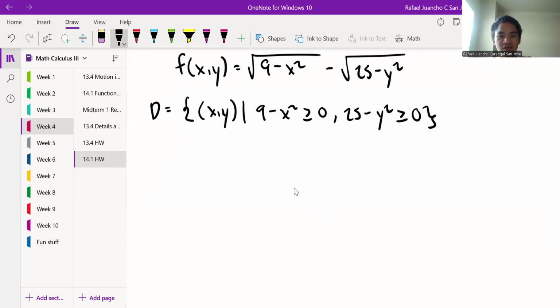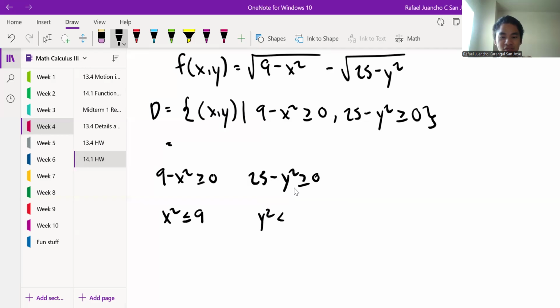Now, how do I simplify? Okay, let me simplify on my own. Oh, I can just switch these. So I get x squared less than or equal to 9. And from the other condition, you can say my y squared is less than or equal to 25.